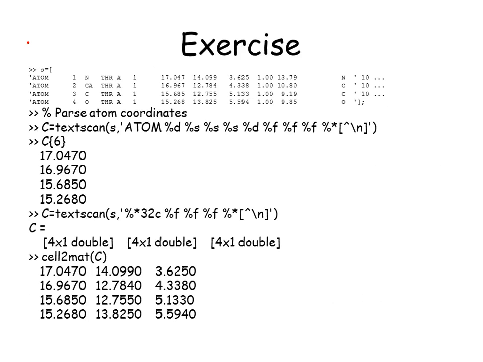So let's work on an exercise where we will parse out atoms from a protein coordinate file that lists the coordinates of atoms. So there are some special words, and the actual coordinates are right here. So X, Y, Z coordinates for each atom are given in each line.